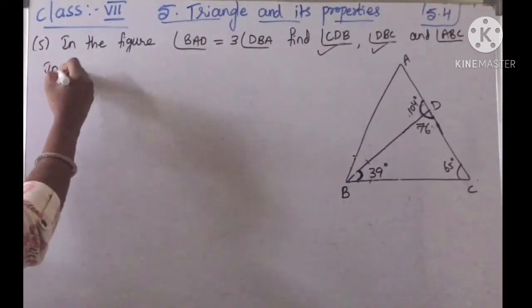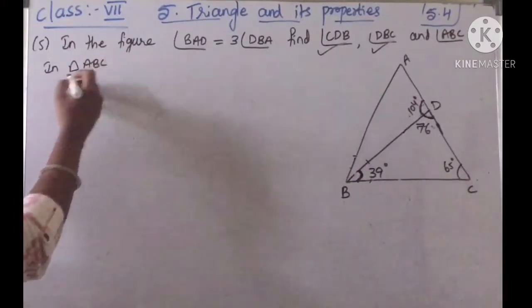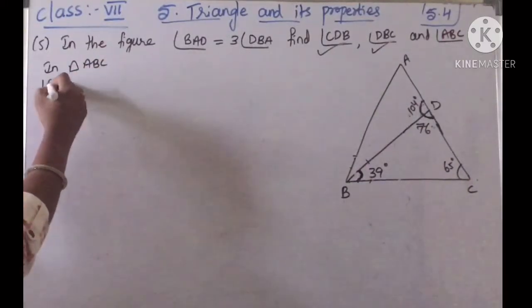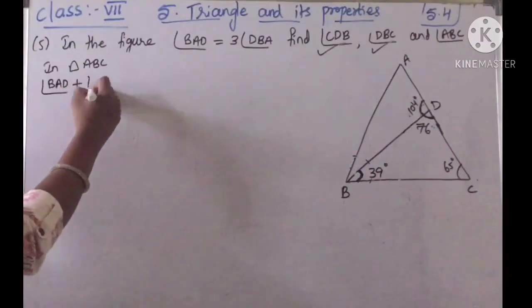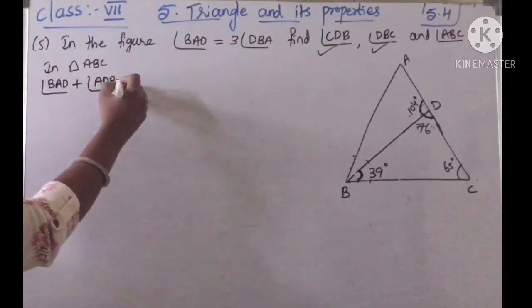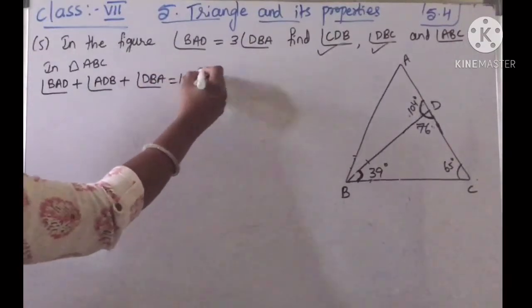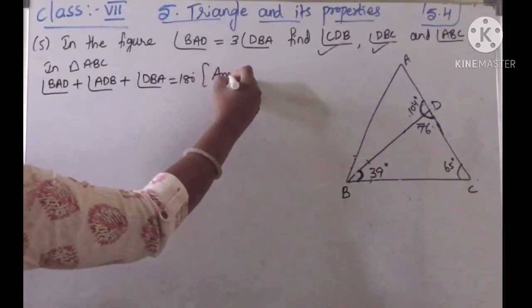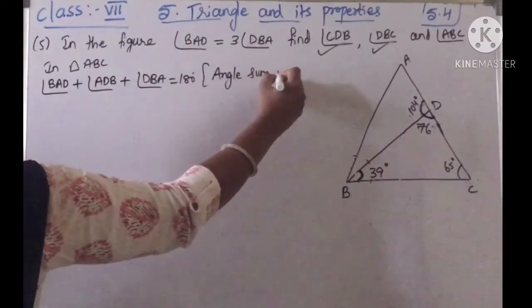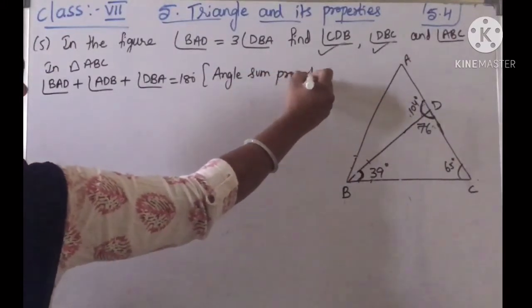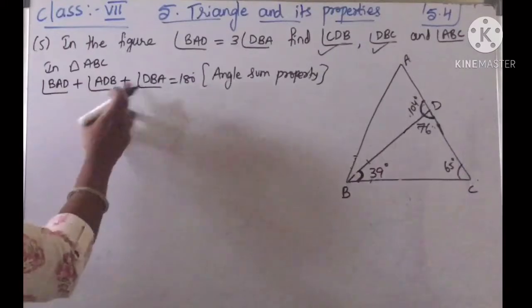So in triangle ABD, angle sum property: BAD plus ADB plus DBA equal to 180 degrees.